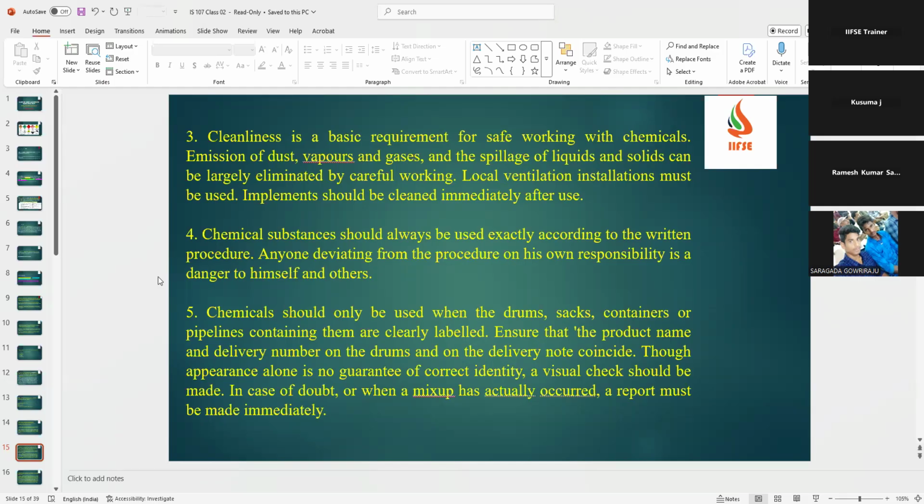Even if it is not there, it should have a chemical label. If it came from the supplier, definitely it will have one. It is basically while handling for internal purposes or sampling purposes. And also in case of any mix-up, accidental spillage or mix-up, the report has to be made immediately.